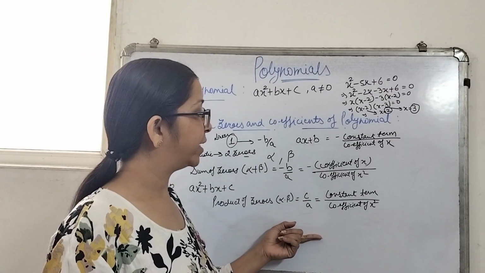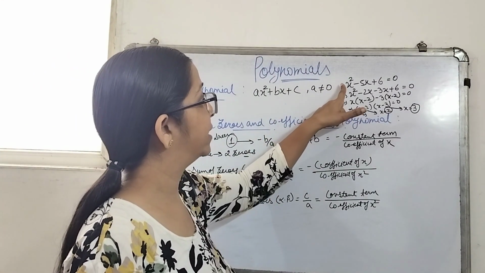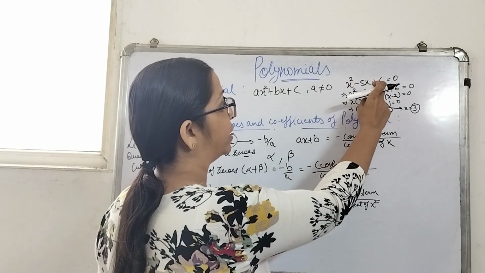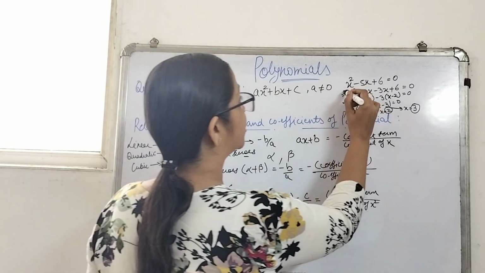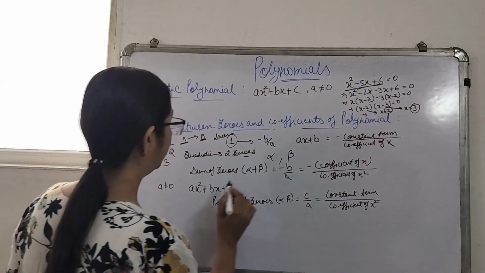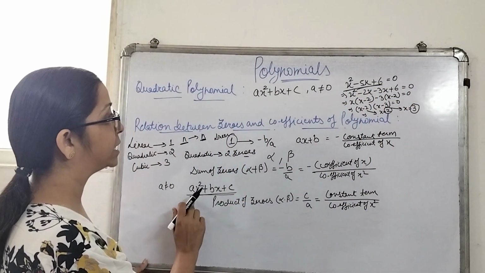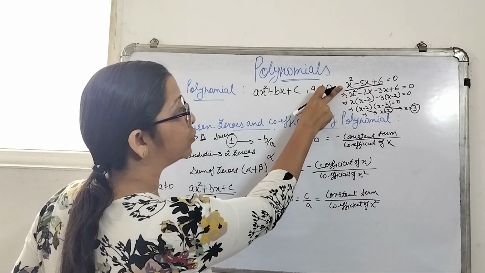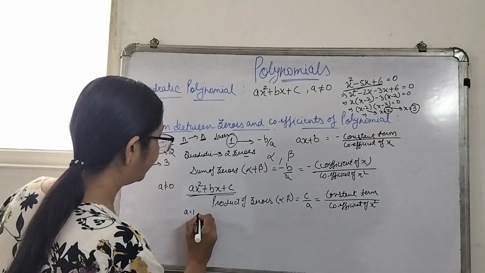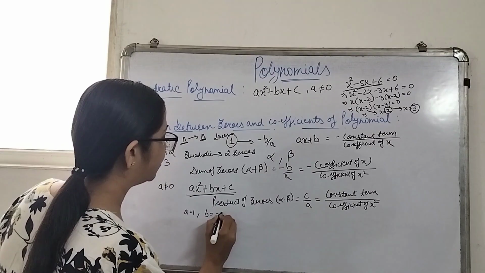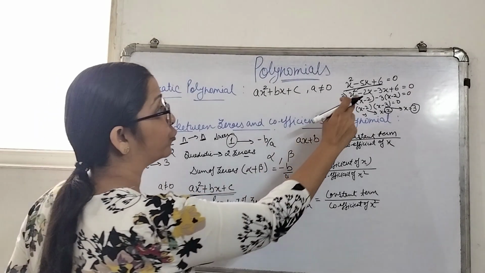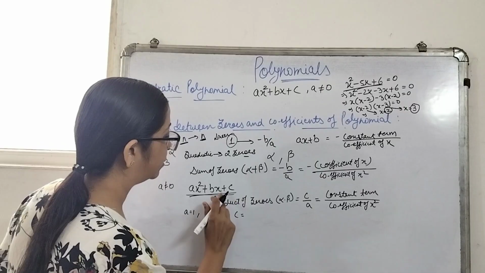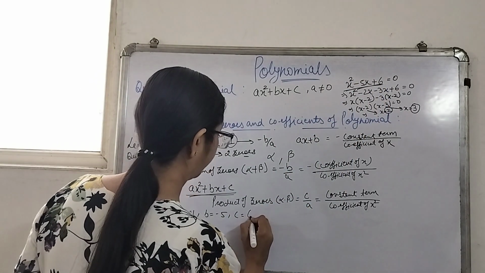This is a relation between zeros and coefficient of a quadratic polynomial. Now let's verify it. Just now we have taken an example of a quadratic polynomial, that is x square minus 5x plus 6. If we compare this polynomial with ax square plus bx plus c, we can see that the value of a is 1, because the coefficient of x square is 1 here. Value of b is minus 5, because b is the coefficient of x, and value of the constant term, that is c, is 6, right?